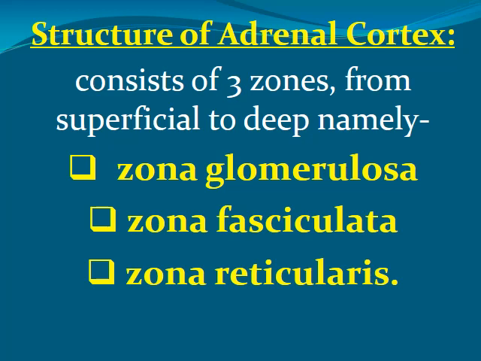Coming to the cortex of the adrenal gland first, the cortex consists of three layers from superficial to deep. These are zona glomerulosa, zona fasciculata and zona reticularis.